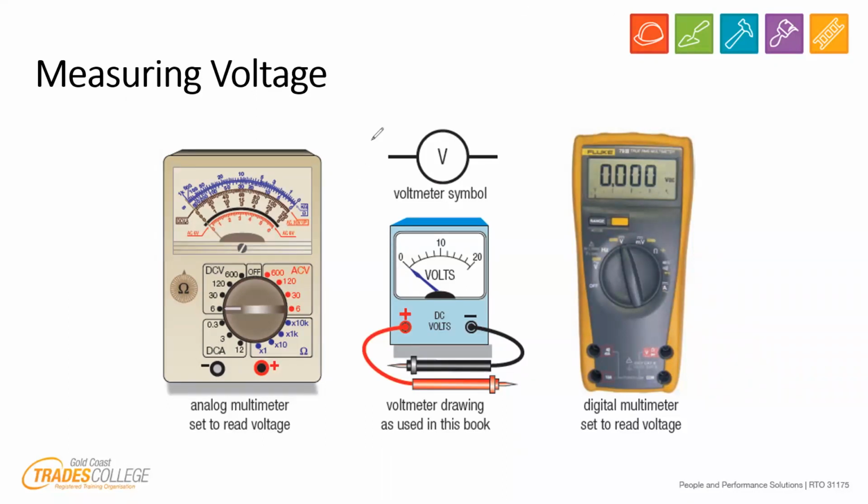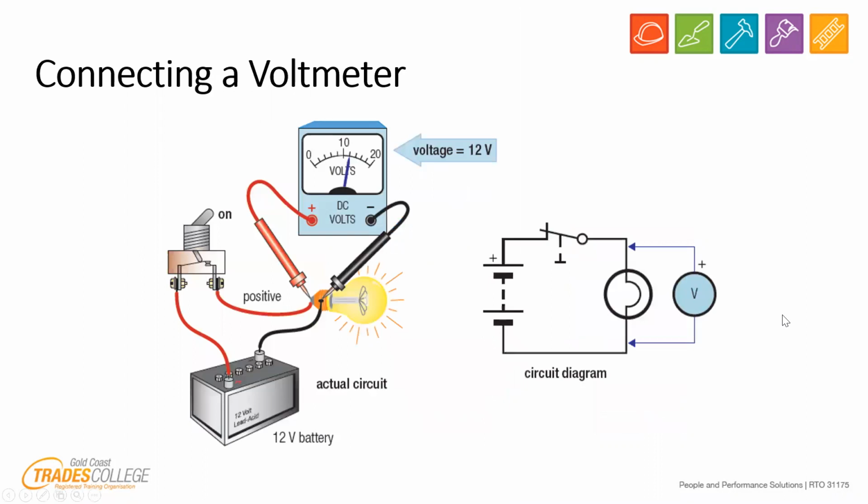All right. I'll skip this page, and this is the symbol and the tester that we talked about last time. And then we've got an example here. The picture on the left-hand side shows that the red cable from the tester is going to the positive side of the light bulb. The black is going to the negative side, and you've got a 12-volt battery feeding this, and then the voltage is 12 volts across there.